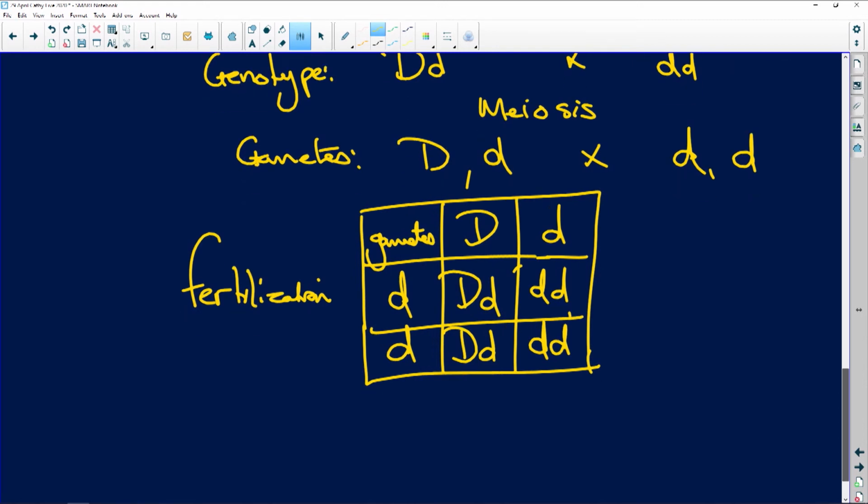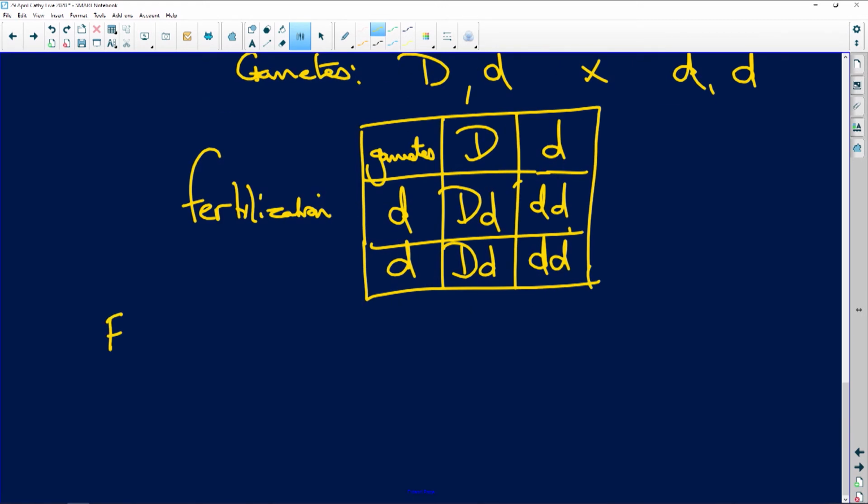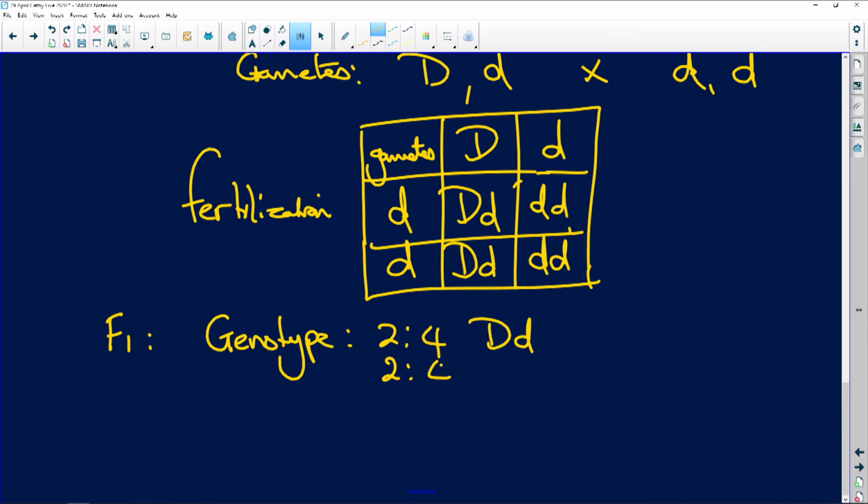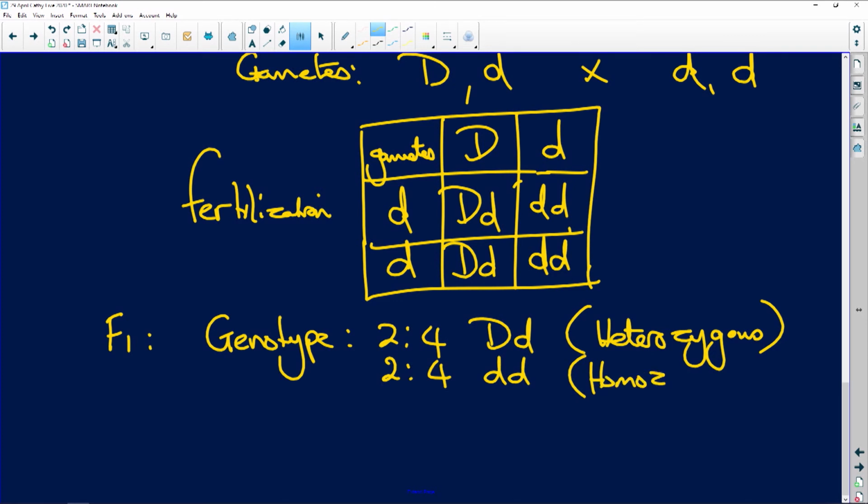So our F1 generation, what are we going to have? The genotype: 2 out of 4 are going to be capital D, small d, and 2 out of 4 are going to be small d, small d. This is heterozygous, so that you remember, and this is homozygous recessive.